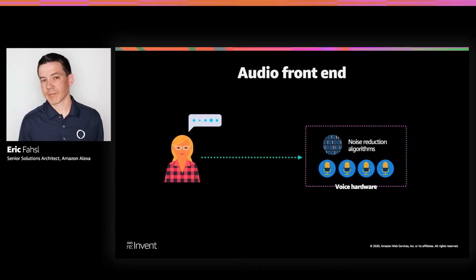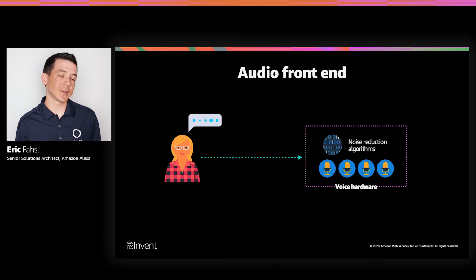I mentioned microphones. You need to figure out how many you need. One, multiple. Now, if you were using, say, that remote, and you're only a couple inches away from the microphone, one microphone is more than enough. It's fine. But if you want to be able to speak to your device from across the room, then you probably might need at least two. Some devices have 4 or even 8. And you're also going to want some noise reduction algorithms.